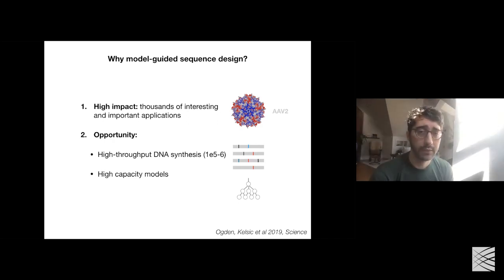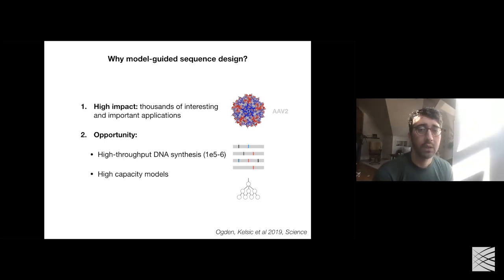One is that we can directly synthesize variation that we are interested in at high throughput. So we can generate 10 to the 5, even more sequences with Agilent or Twist chips, and then produce them in high throughput and then assay them for the functions that we care about.